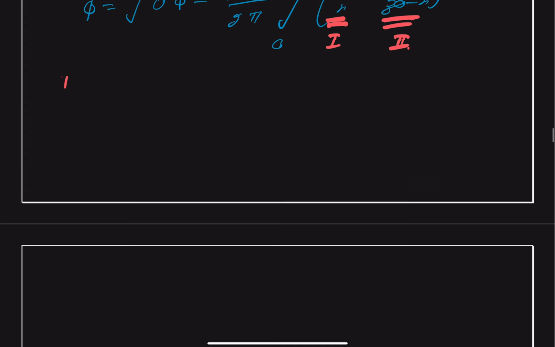So the first will be equal to the integration from a to 2a of 1 upon x dx.